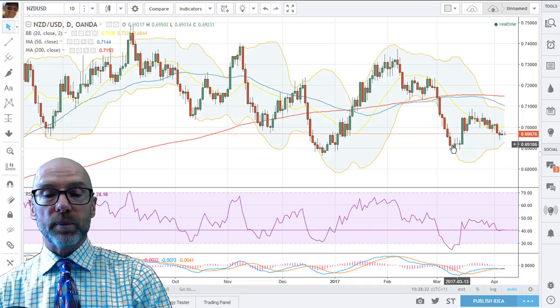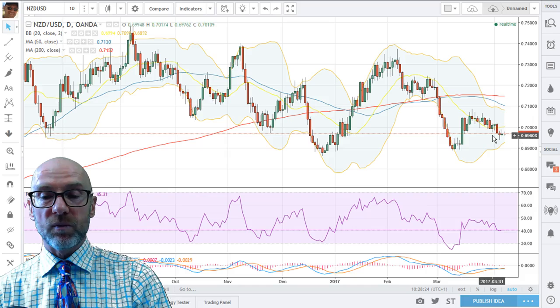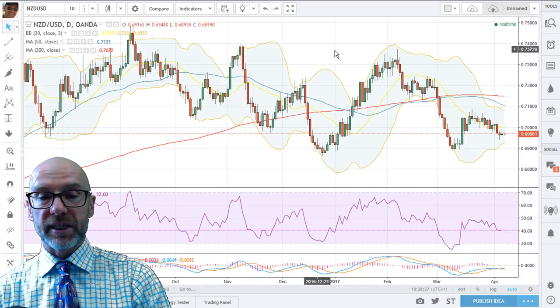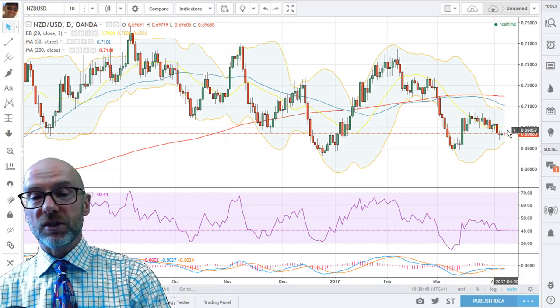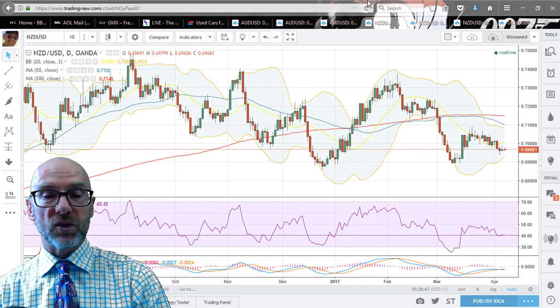There is more support on this than we saw on the Aussie, and it's a bit further away, so it still could be a range trading picture with the upper boundary on that line there that you can see with my cursor, and then the lower boundary around here. So coming towards the lower boundary, perhaps not as bad as the Aussie dollar.